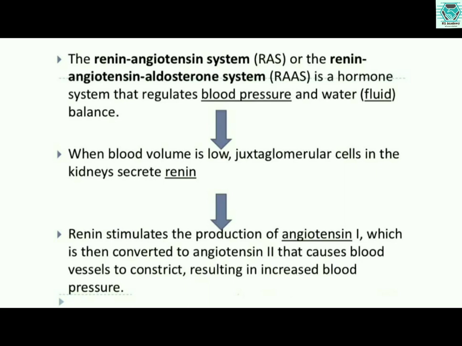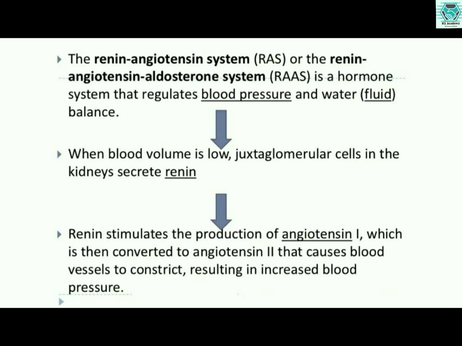Aldosterone causes the tubules of the kidney to increase the reabsorption of sodium and water into the blood. Generally, we know that in the kidney tubules there is reabsorption of various things, and why is there reabsorption? Because the kidney produces urine from the blood, so the filtration has already occurred, and now there is reabsorption.